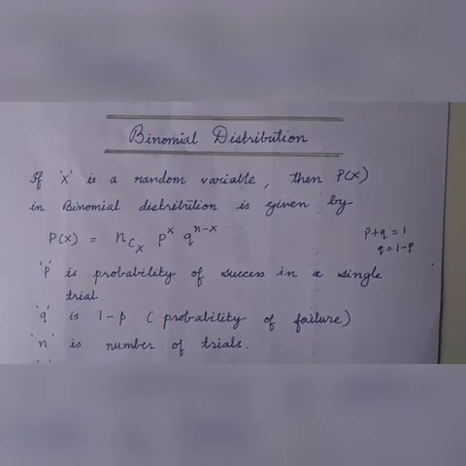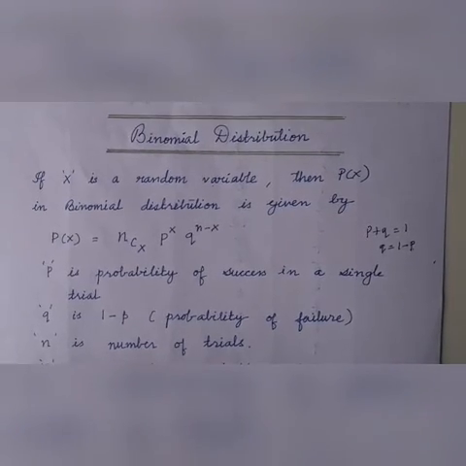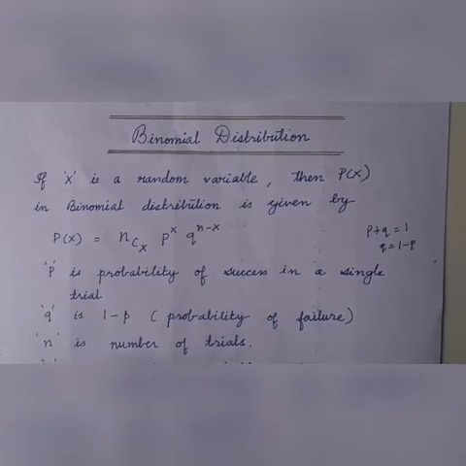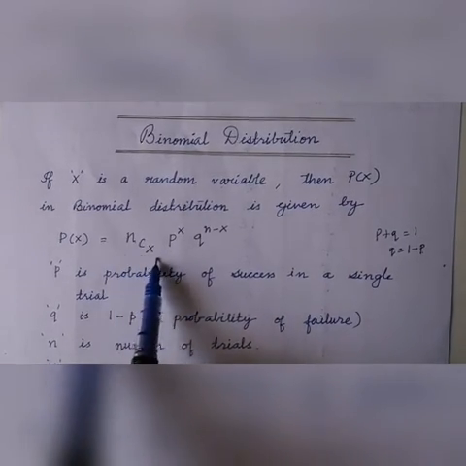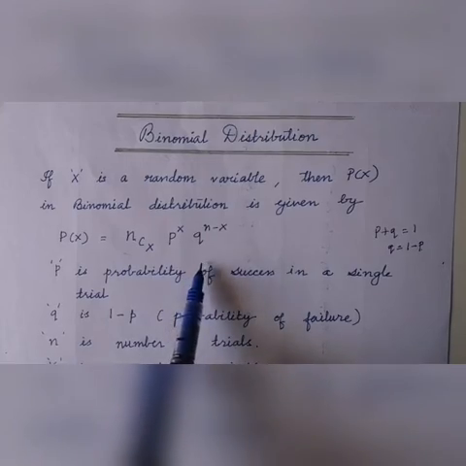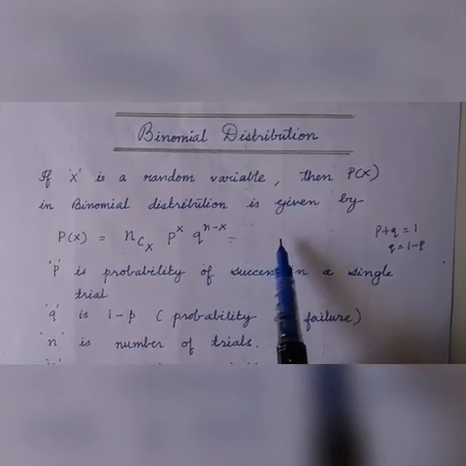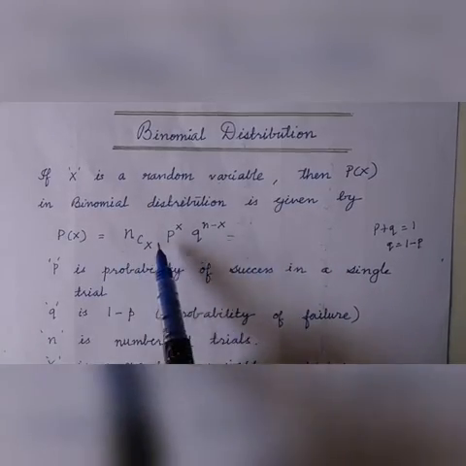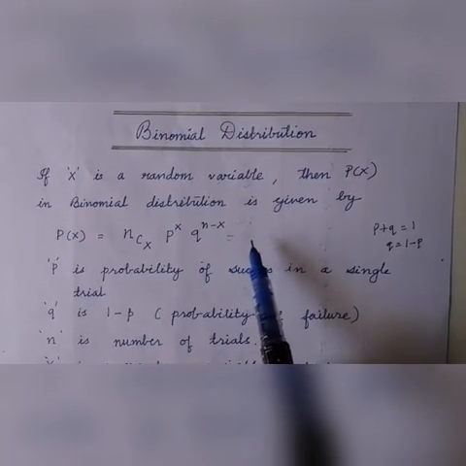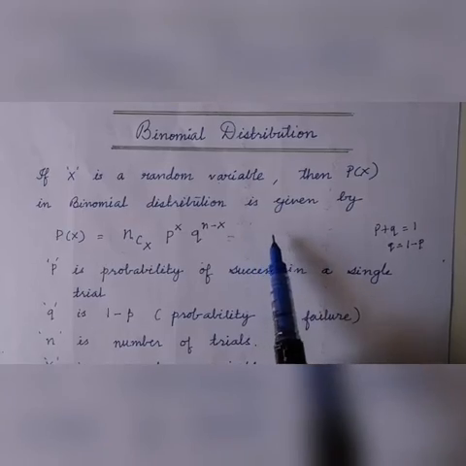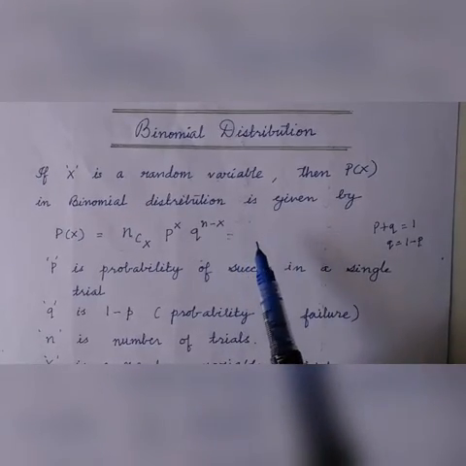If it is a continuous random variable, the probability function is called the probability density function. This is also the expected value. Probability of x is also called the expected value. We are estimating a value, that is the reason it is the expected value.